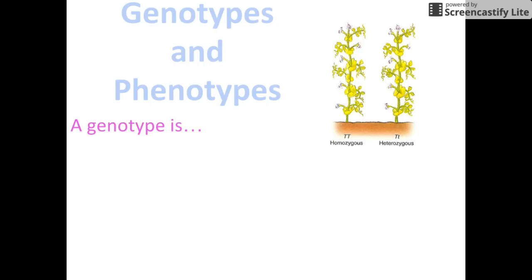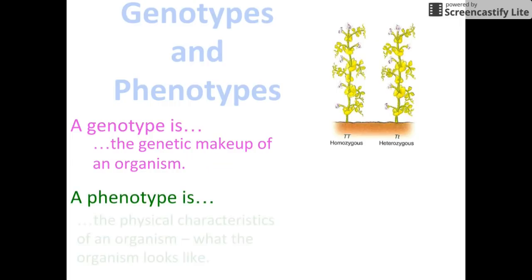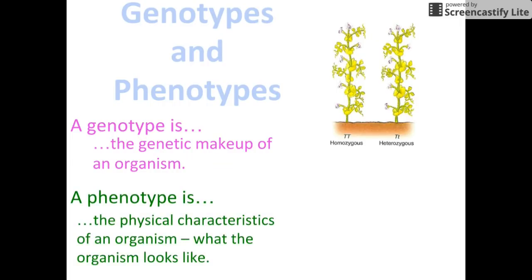So genotypes versus phenotypes. A genotype is the genetic makeup of an organism. A phenotype is the physical characteristic of an organism, what it actually looks like. So in this picture right here, we can see there's a homozygous tall plant and a heterozygous tall plant.